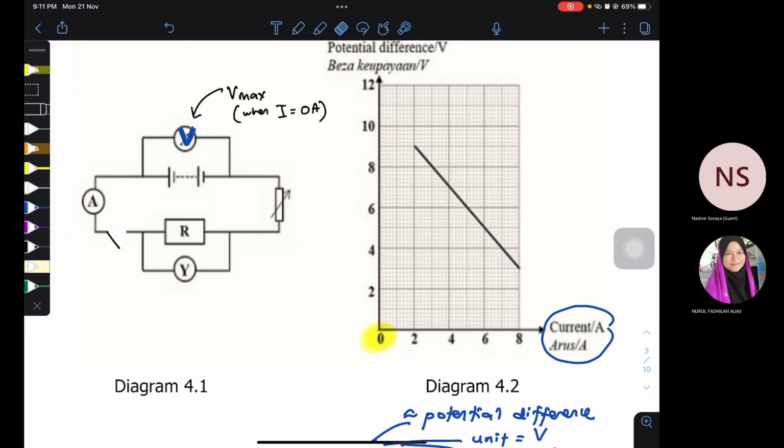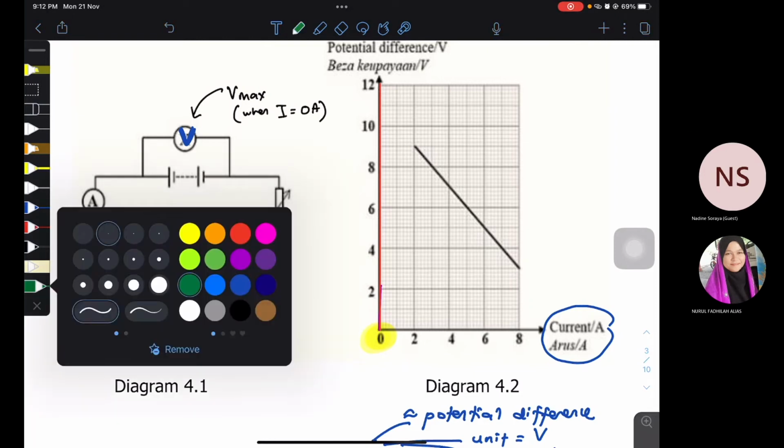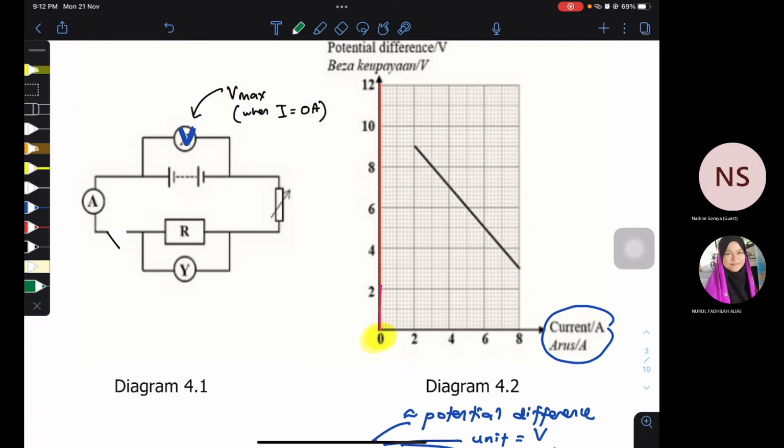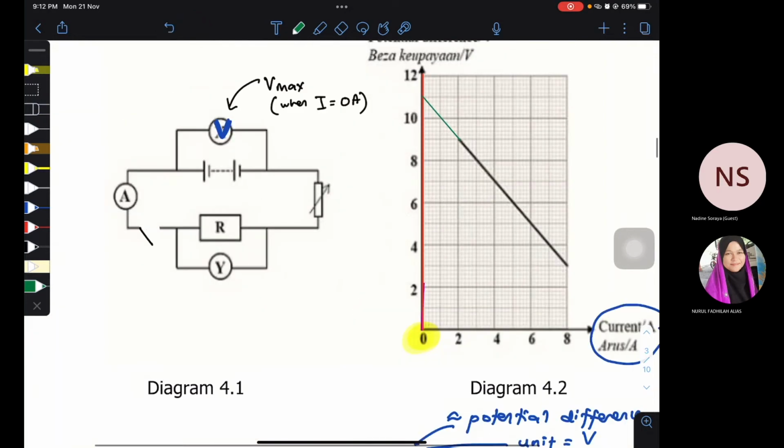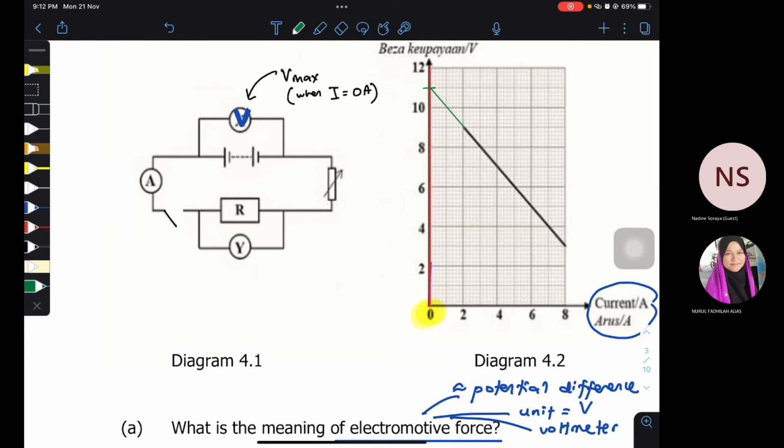Jadi macam ni lah. You tengok graf. Bila current 0, inilah line tu. Tapi berapa nilai dia? 8 ke 10 ke 12. So kita nampak kita ada graf kat situ. Jadi kita buat graf ni, kita extrapolate. Straight line, mana-mana. So dia potong y-axis tu.